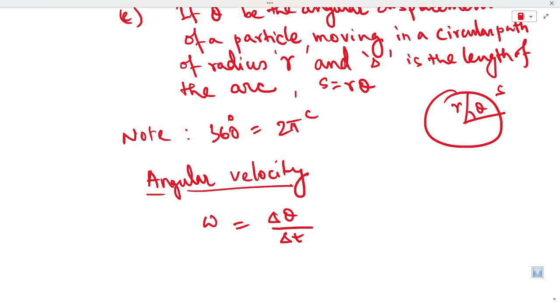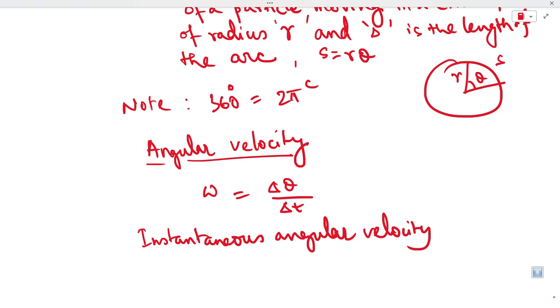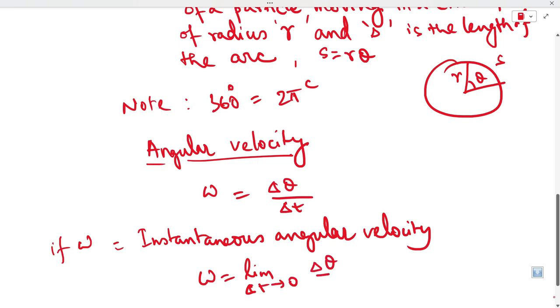Now, if we want to discuss instantaneous angular velocity, let omega be my instantaneous angular velocity. I can write omega is equal to limit delta t tends to 0 of delta theta by delta t, which is d theta by dt, the instantaneous angular velocity.